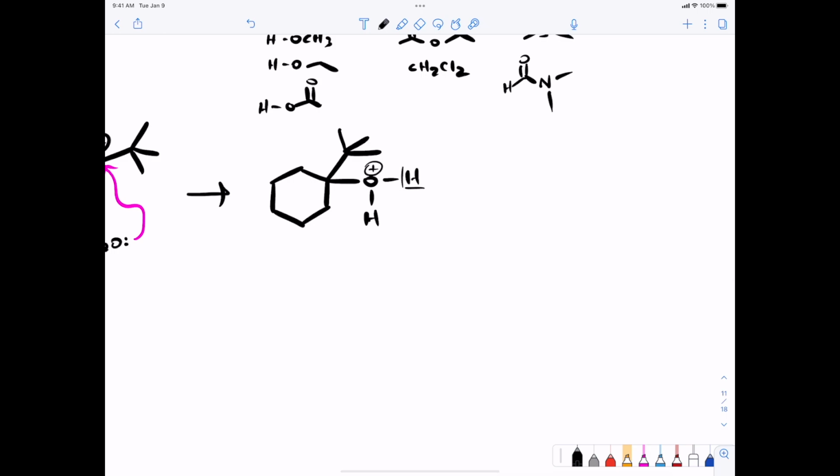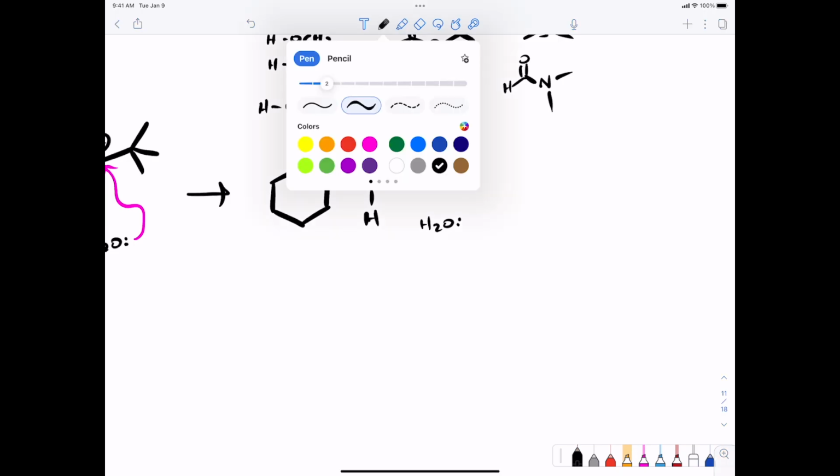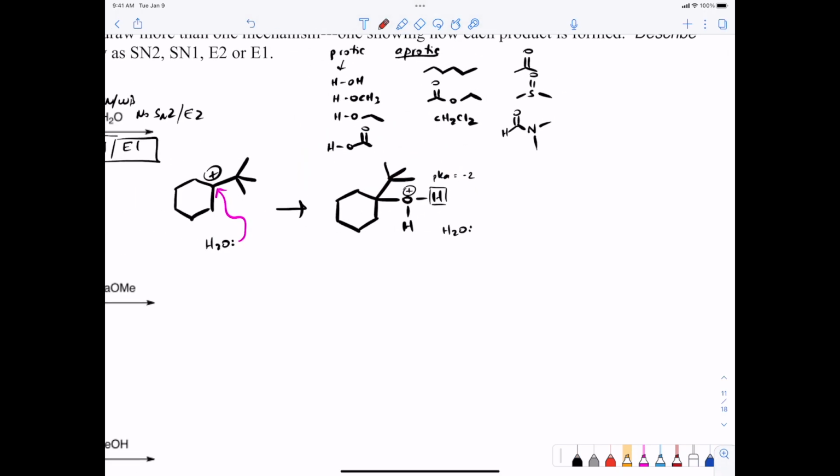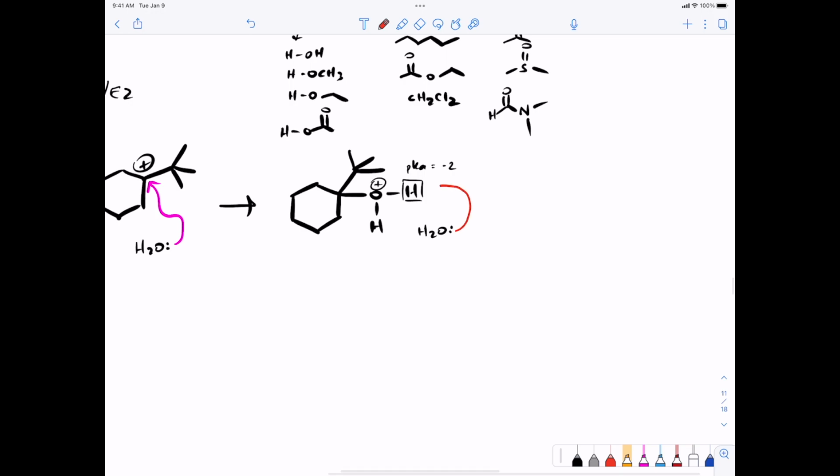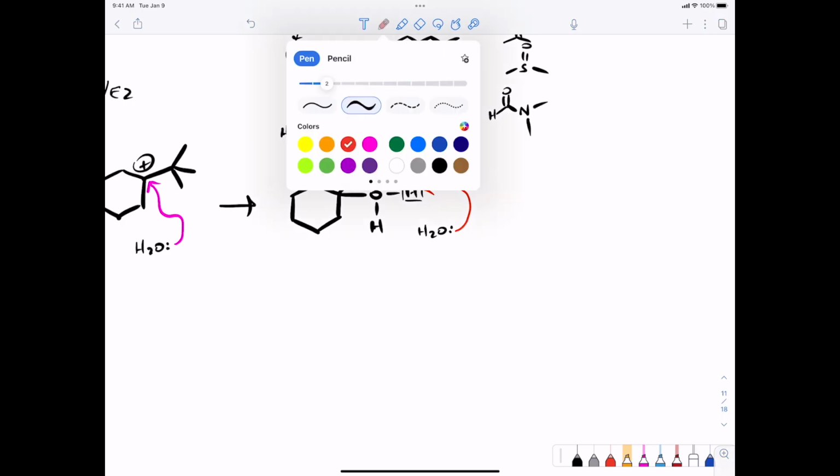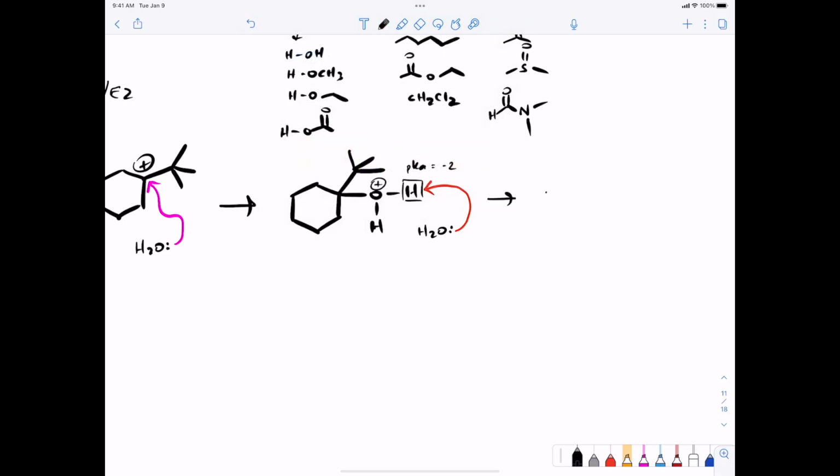The pKa of this proton on a positively charged oxygen should be around -2, so it is reasonable to think that water, which is probably present in a lot of excess because it's probably the solvent, can remove the proton to give you the neutral alcohol.